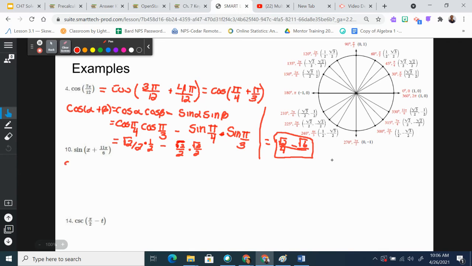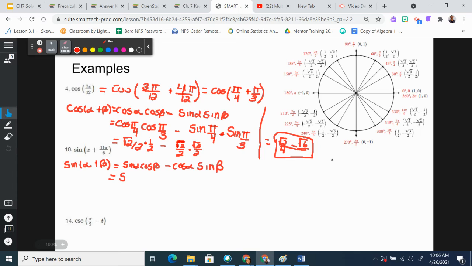So we know sine of alpha plus beta, right, is equal to, and I'm just referring to my notes, sine alpha cosine beta minus cosine alpha sine beta. And now I can just substitute the values that I have into this equation.